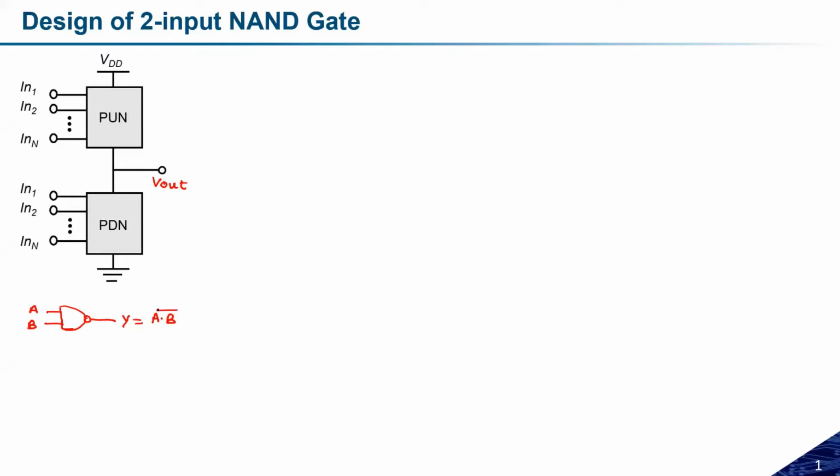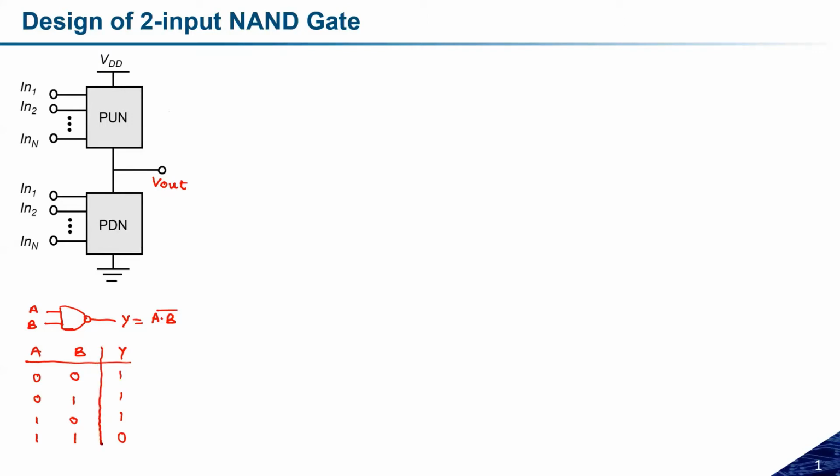The truth table is quite simple, so let me quickly go through it. For A, B, and Y: 0, 0 gives 1; 0, 1 gives 1; 1, 0 gives 1; and 1, 1 gives 0. The output will be high if any one of the inputs is low. So this is the truth table of the NAND gate.